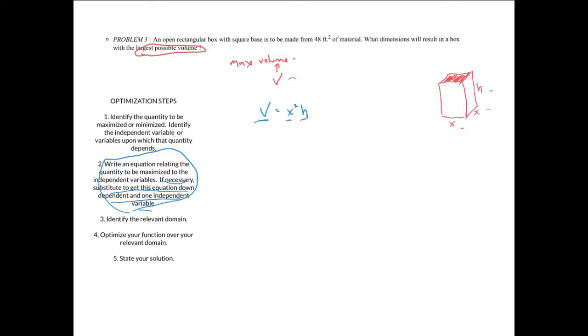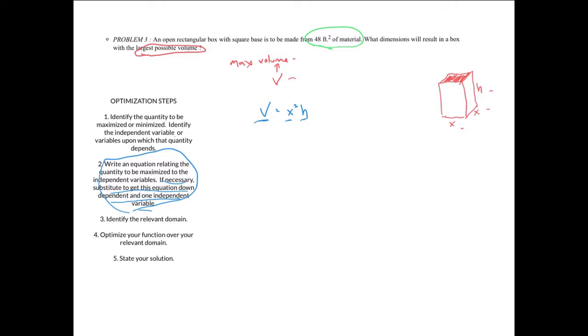So I need some other piece of information in the problem that will allow me to get just x or just h, not both. So what I do there is look back in the problem and look for a quantity that I've been given. Let's see, it says open rectangular box with a square base is to be made from 48 square feet of material. So that means basically when I add this surface area of all these sides together, it would give me 48 square feet.